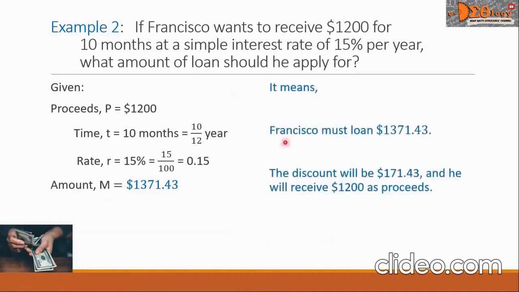It means to say, Francisco must loan this amount, $1,371.43. The discount will be $171.43, and he will receive that $1,200 as proceeds. This is our final answer.